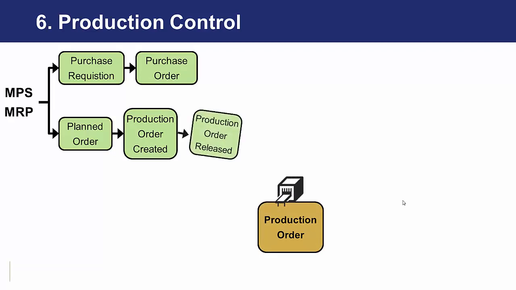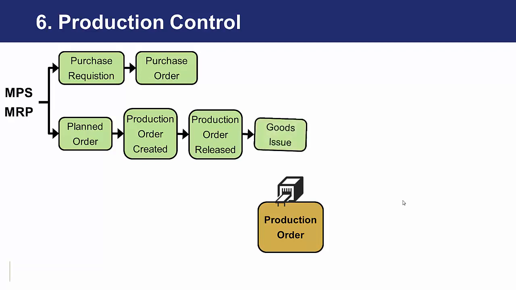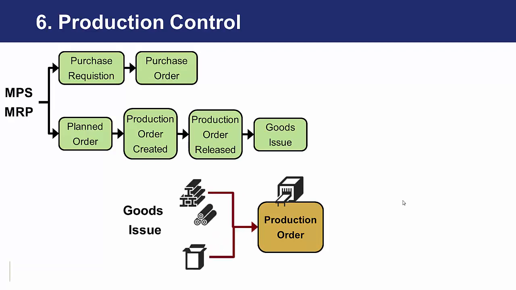When the planned production date for that order arrives, the planning department will release it in order to launch the production process. For the production process, some raw or semi-finished materials must be taken from the storage location, and with this goods issue, the stock levels will be adapted in the system.